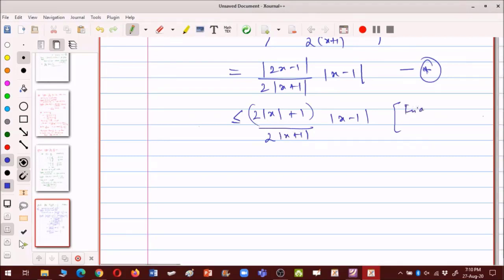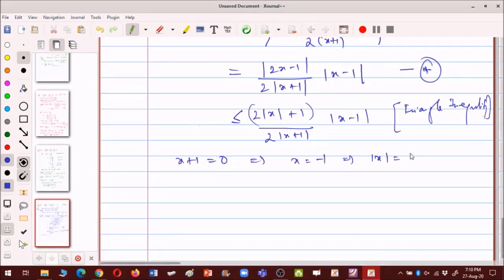Now the denominator is 0 when x + 1 = 0, which implies x is equal to -1, and this implies |x| is equal to 1. So anything smaller than this will work as a bound for |x - 1|.